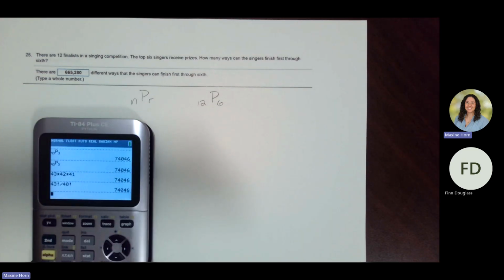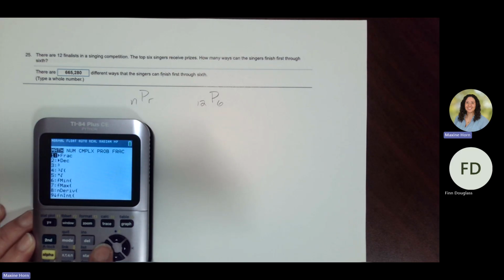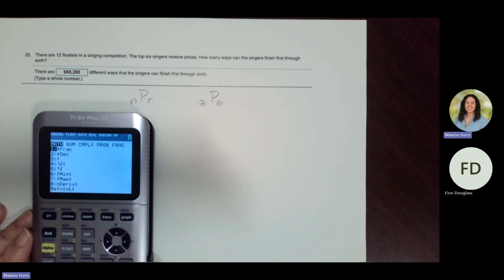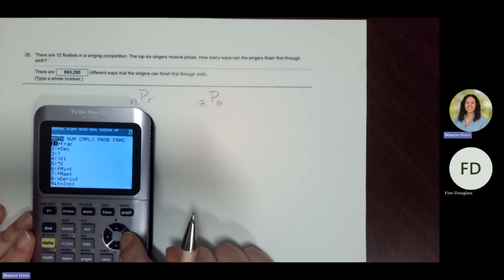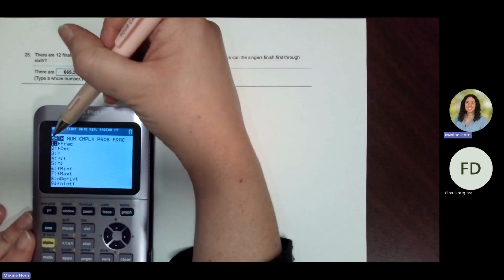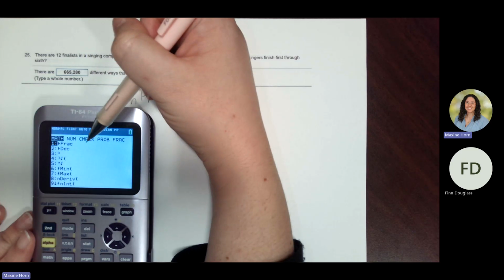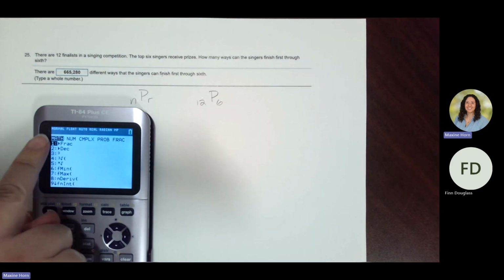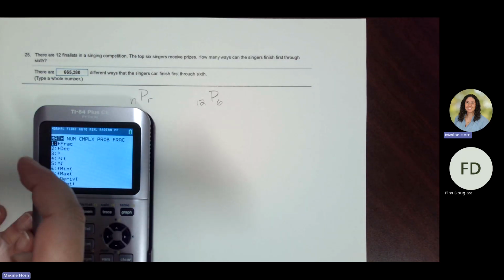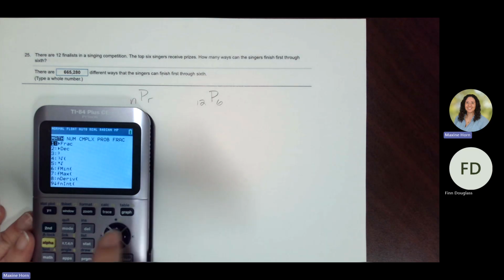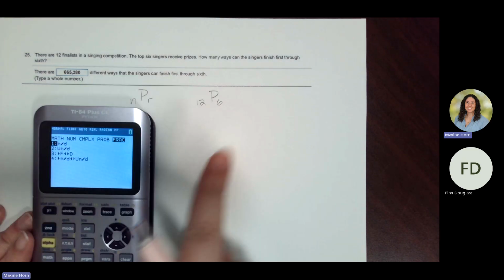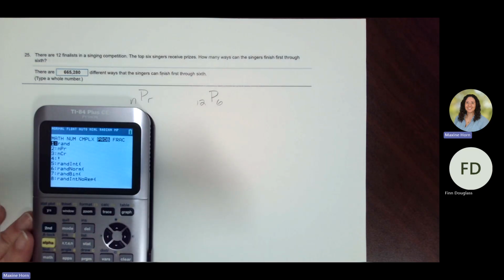So in the calculator, we're going to go 12, math, arrow over to probability. Oh, also, let me go back. At first I was arrowing to the right to get to probability, right? Like I would go to the right 1, 2, 3. But if I arrow to the left, it goes to the left and around. So if I arrow to the left, it starts back over on this side and it only takes me 2 clicks to get over to probability.